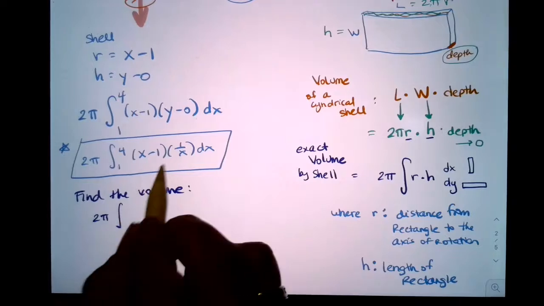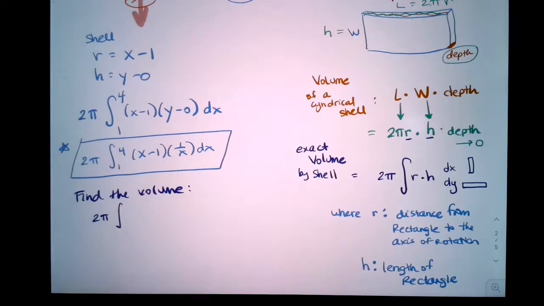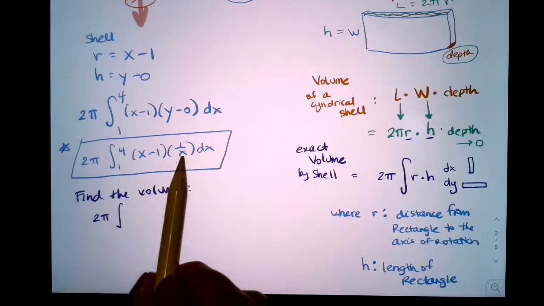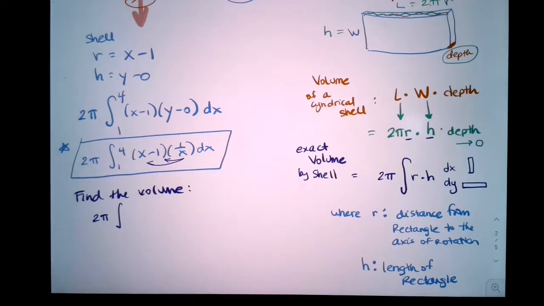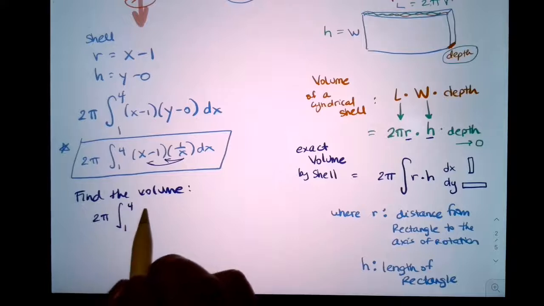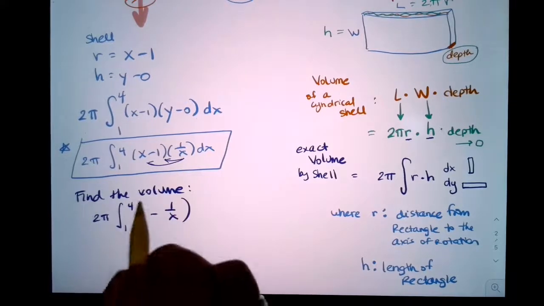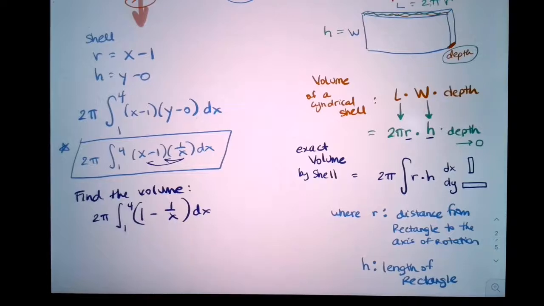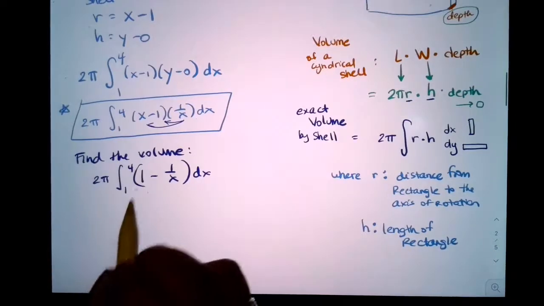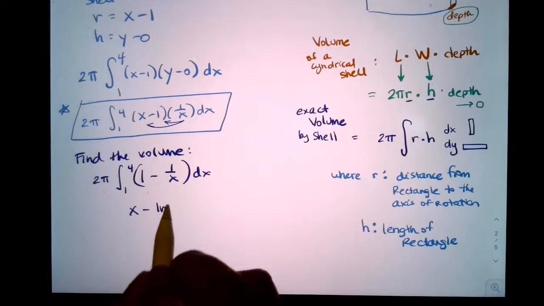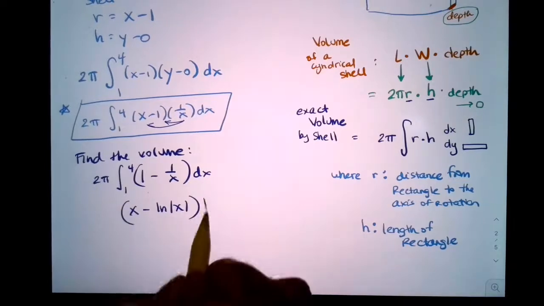I'm not going to do a u substitution. I can very easily distribute that 1 over x to the x and the minus 1. So x times 1 over x is 1, and then minus 1 over x. And then here are my antiderivatives, right? I would have x minus the natural log of the absolute value of x.